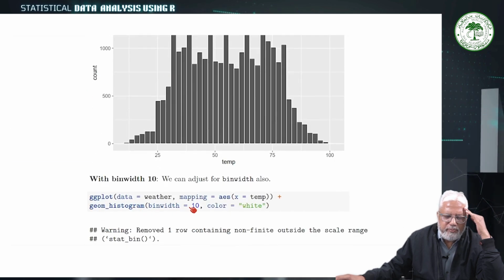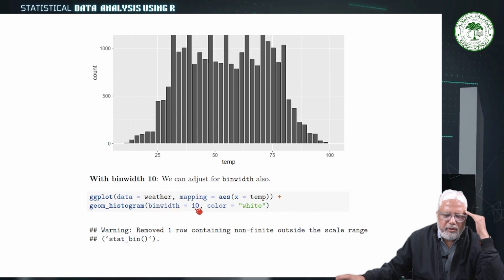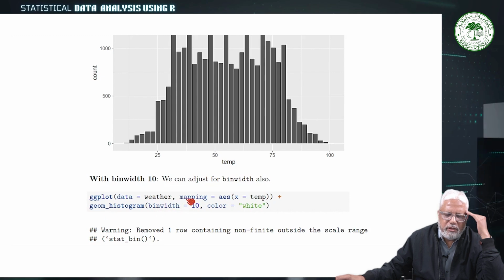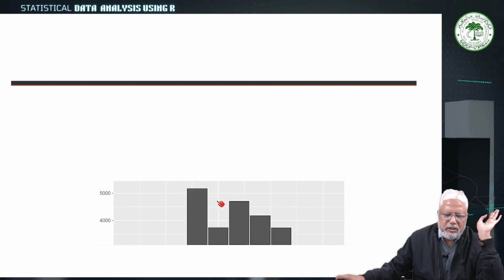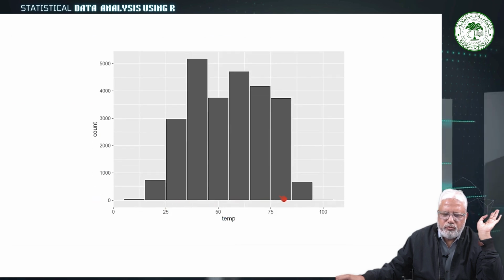Both of them cannot be given. So, binwidth is equal to 10, and the rest of the commands are the same. So, this is the histogram we get.